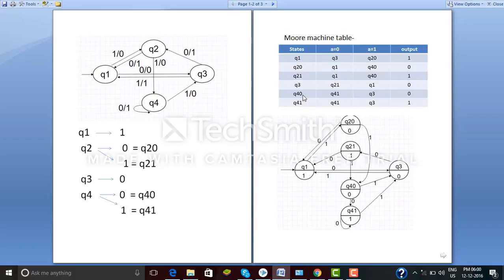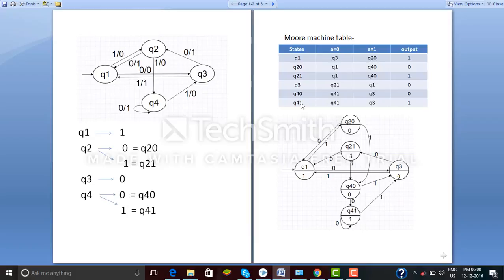If we are in the Q4 0 state, by giving input 0, it goes to Q4 1, as you can see here, and by giving input 1, it goes towards Q3.